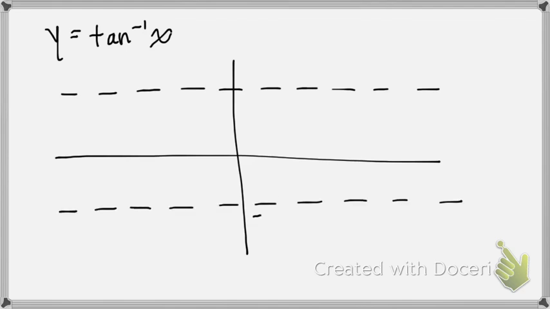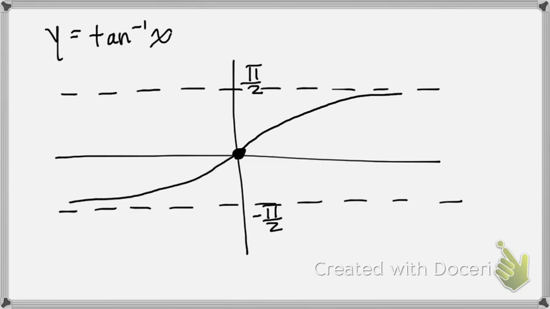And they're going to go from negative pi over 2 to pi over 2. And the curve is going to go up towards pi over 2 that way and down towards negative pi over 2 that way. And those are the three parent functions.